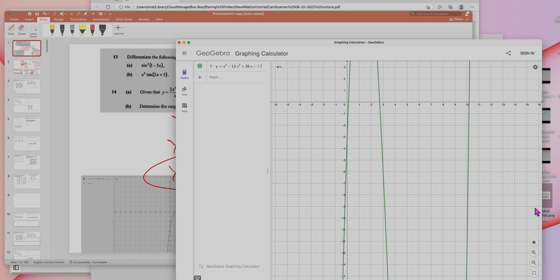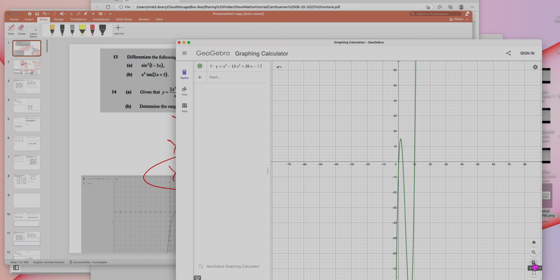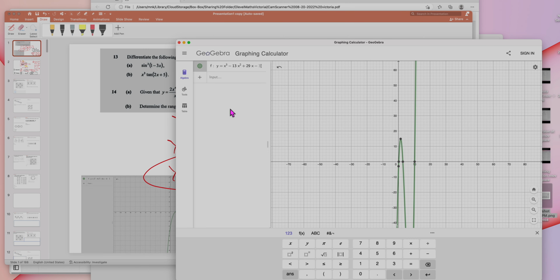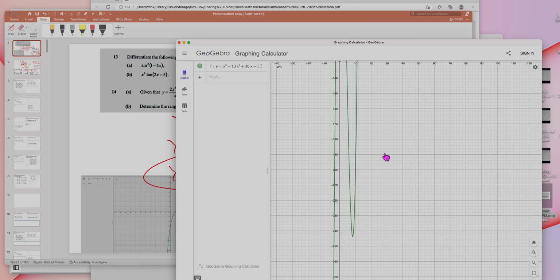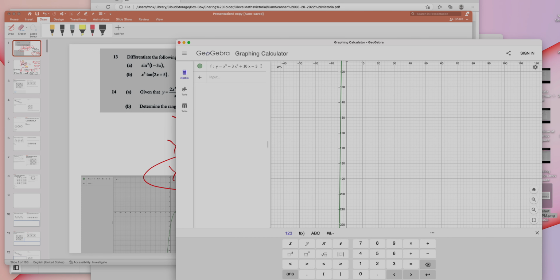Let me just zoom out. Wow, this is super ridiculous. Okay, good. This is quite ridiculous, but looks okay. Never mind.